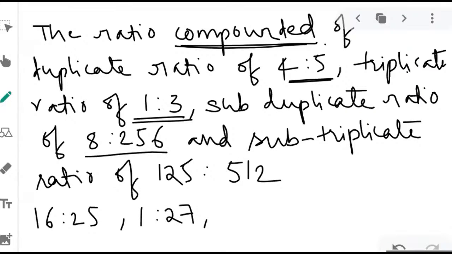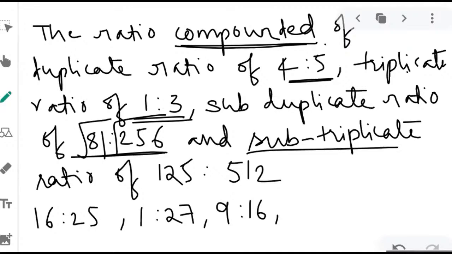Subduplicate ratio of 81 is to 256. Subduplicate means square root, right? 9 is to 16.